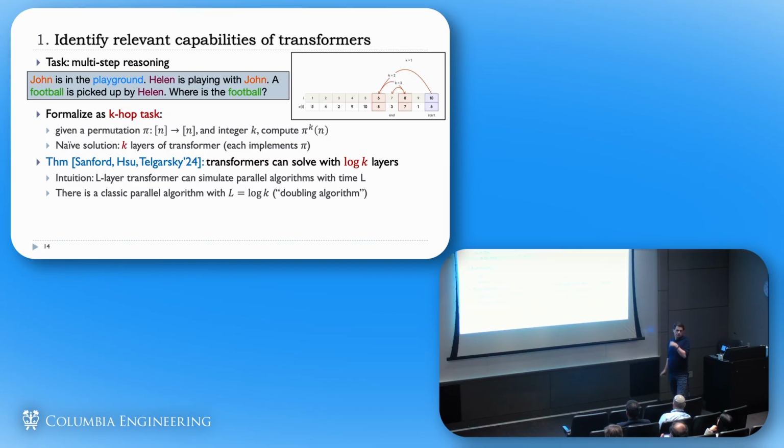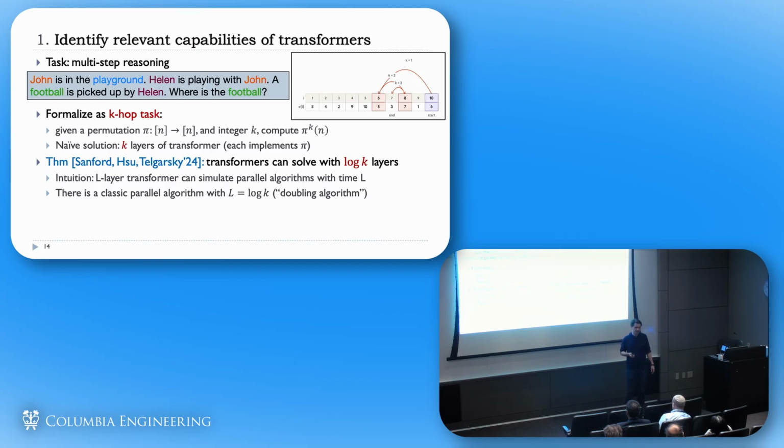Well, we want to build transformers that can solve this kind of task, this multi-step reasoning. Say I have 10 layers, and I want it to solve reasoning tasks with as many steps as possible.